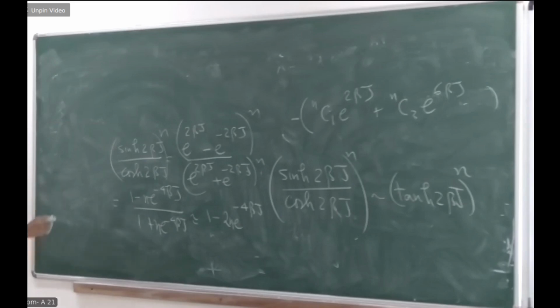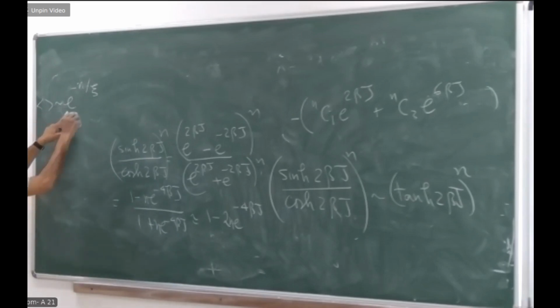And the correlation function, the length would be, you want the correlation to die down as e to the power minus n over xi, so that is the correlation length.